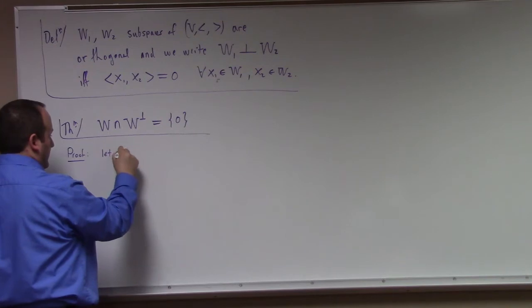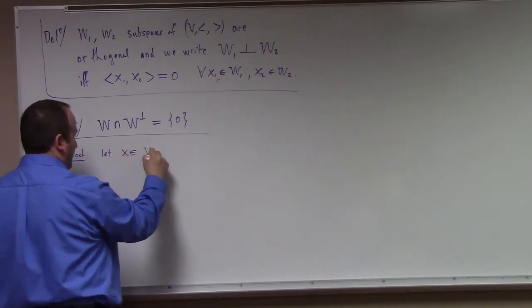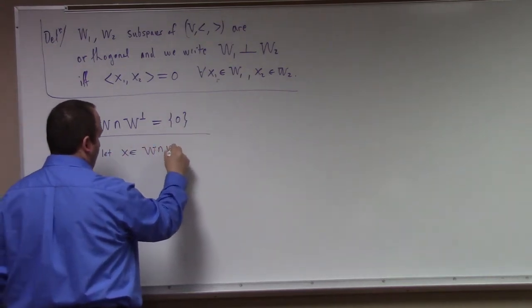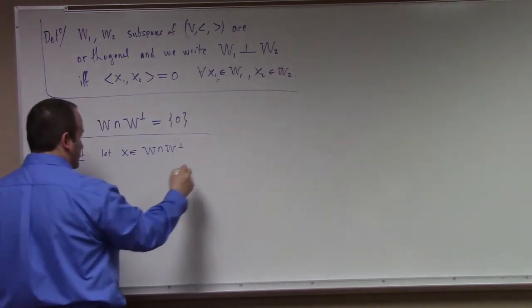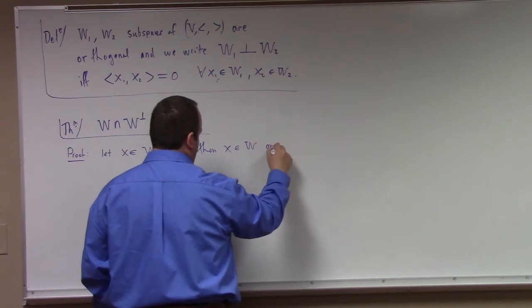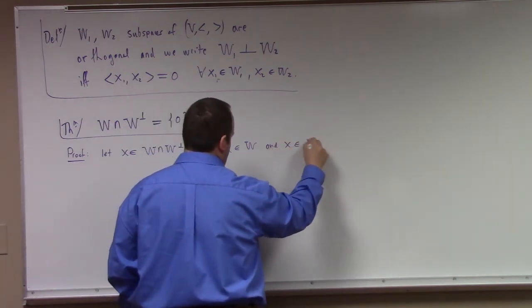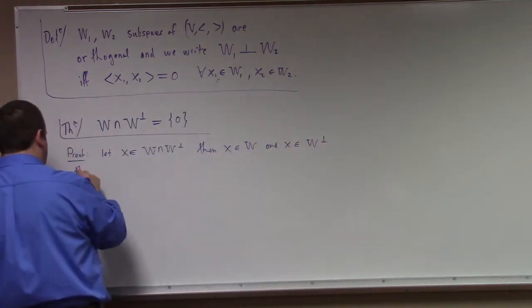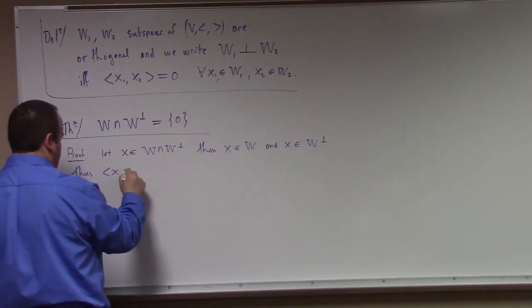Let X be an element of the intersection, then X is in W, and X is in W perp, right? Thus, what's X with X?